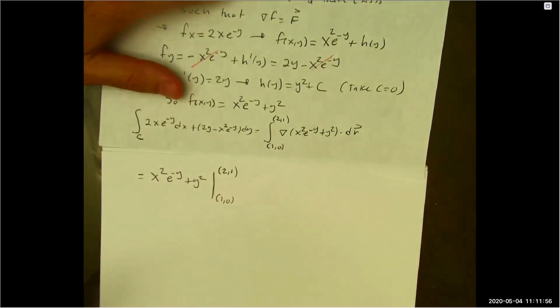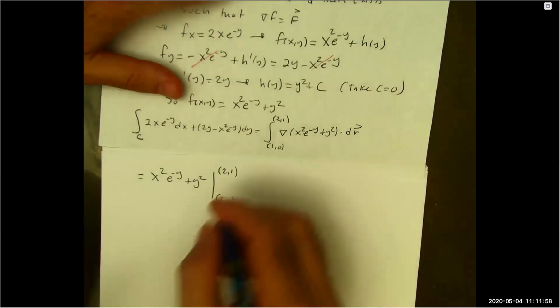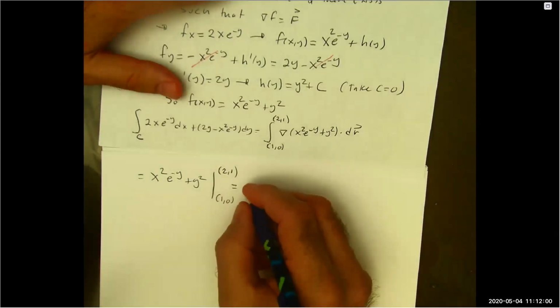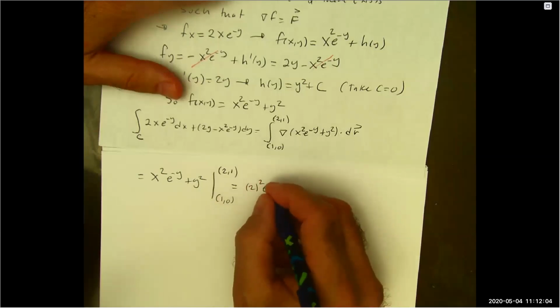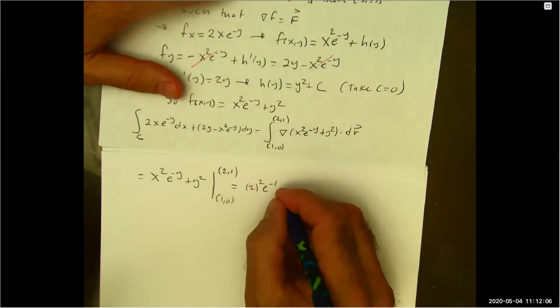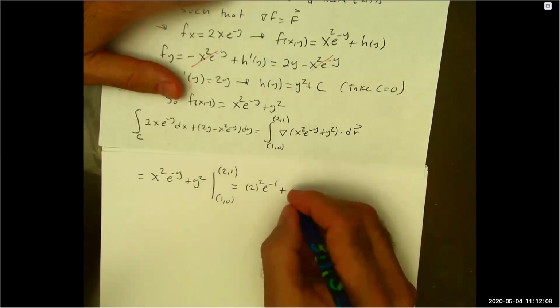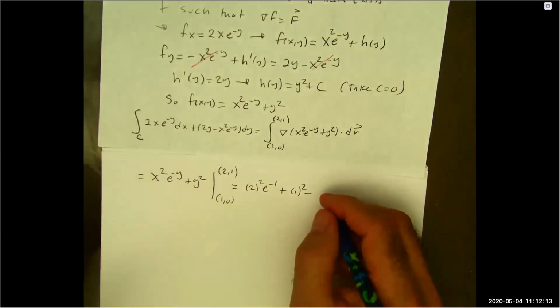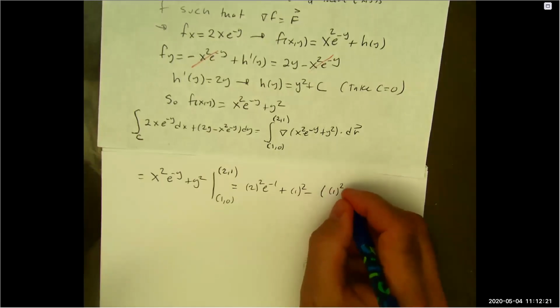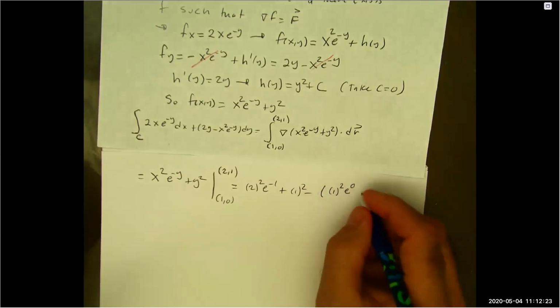All right, so let's put these in, subtract, see what we get. So we're going to have 2 squared e to the negative 1 plus 1 squared, and we're going to minus this: minus 1 squared times e to the 0 plus 0 squared.